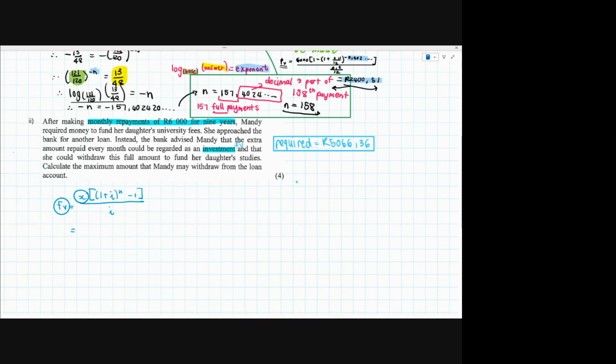So what we first need to work out is how much extra was she paying, because that extra money is going to be my monthly investment into this account. So we would take the 6,000, subtract the 5,066, and that gives me 933 Rand 64 cents. So this amount is what she invests each month.